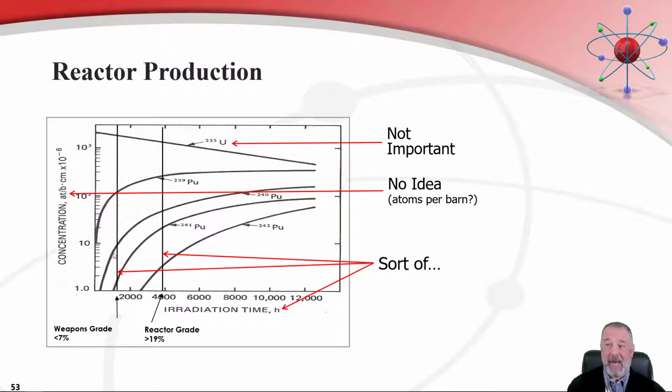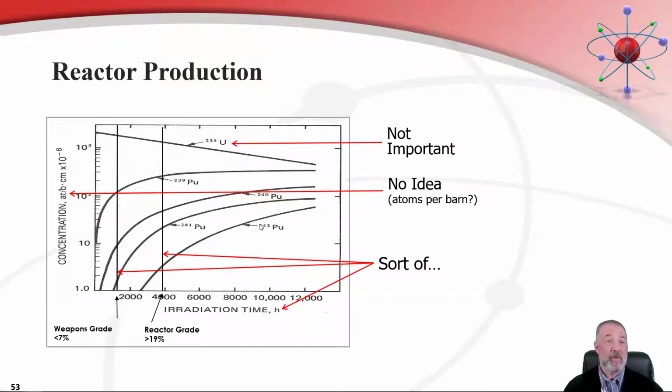At the same time, however, or a little bit shifted towards the right, is the production of all the other plutonium isotopes which follow 239. And what we can see is that the longer we leave our fuel in the reactor, the more 240, 241, and 242 that we're going to produce.